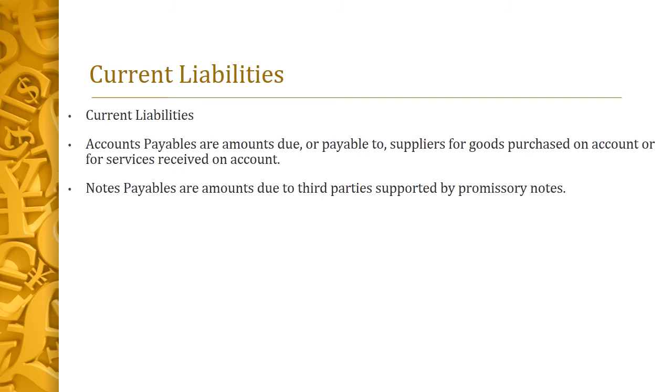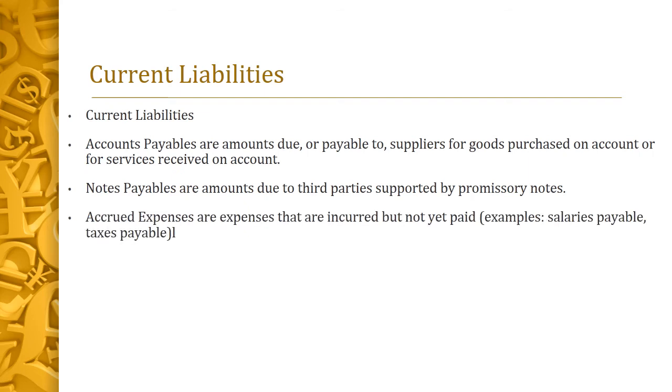Next is notes payable. These are amounts due to third parties supported by promissory notes. This is in contrast with the accounts payable. The only difference is the existence of the promissory note. Next is accrued expenses. These are expenses that are incurred but not yet paid. Examples are salaries payable, taxes payable, and more.